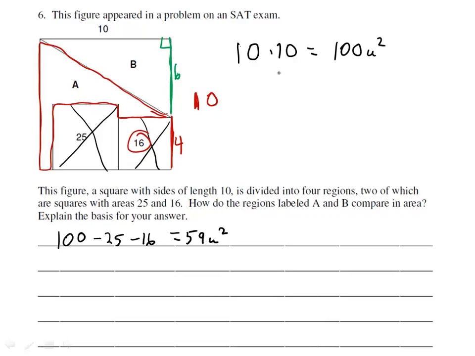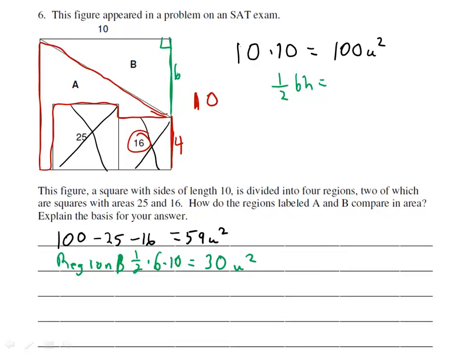And you know, 1/2 times base times height, or in a right triangle, 1/2 times the product of the two legs. Alright, so region B is a right triangle, and we can use 1/2 times 6 times 10 and find out that region B equals 30 units squared.